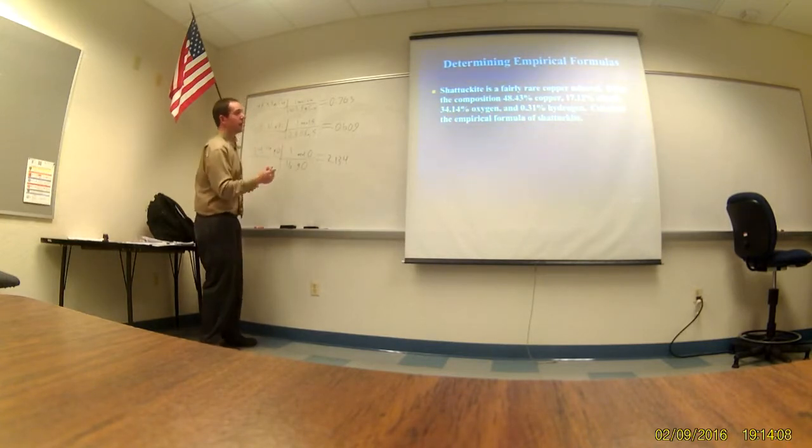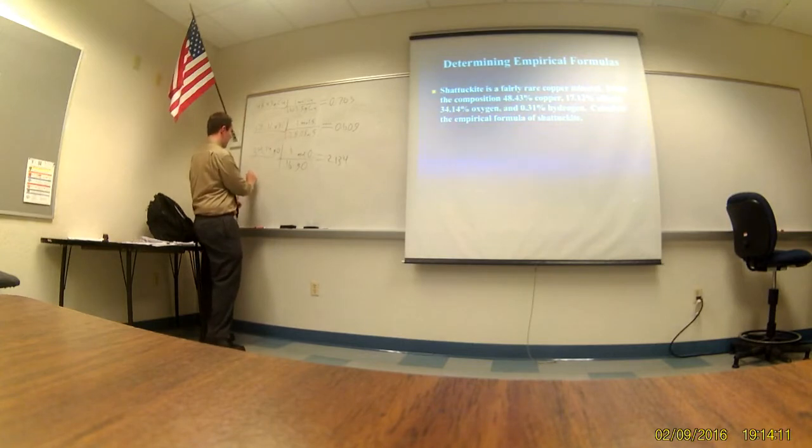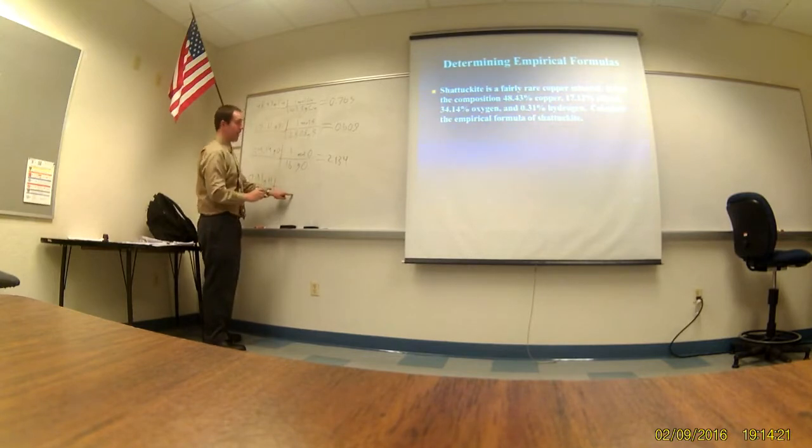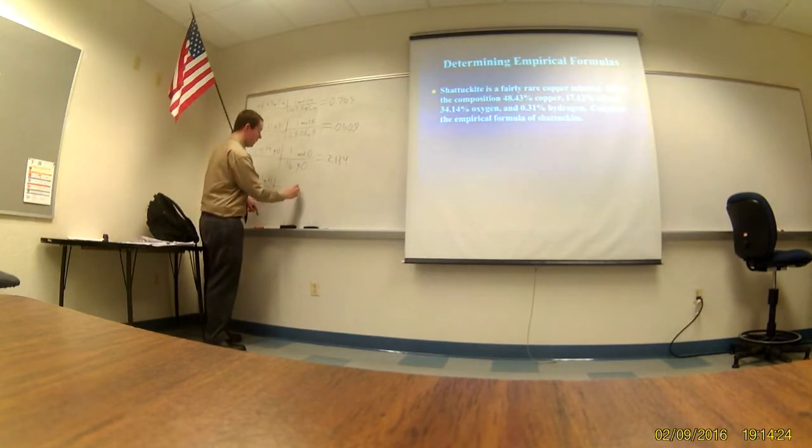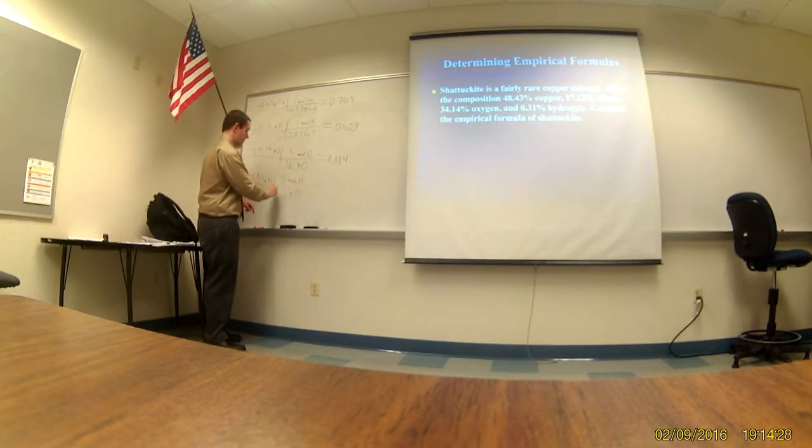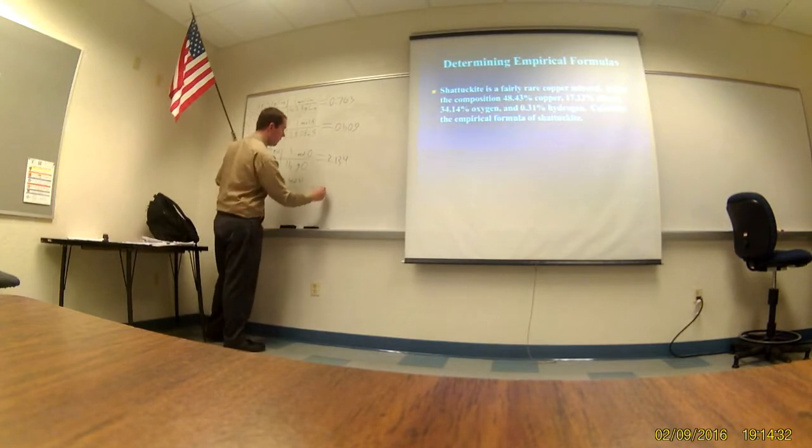And the last one we have is hydrogen. We have 0.31 grams of hydrogen. This is not diatomic hydrogen. So what is my mass? We'll just call it 1. So this becomes 0.31.